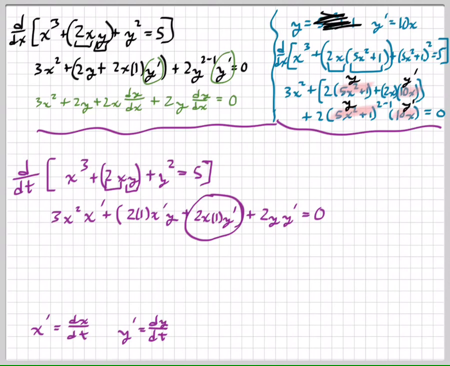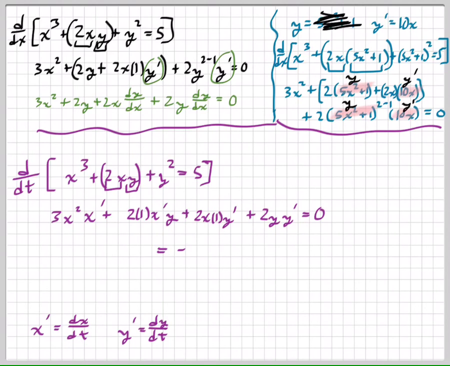This one has a y prime, and this one has a y prime. This one does not, and neither does that one. Let's get rid of these parentheses since they don't really do anything. There's no negative to distribute. I'm going to take these two terms and put them on the other side, which means they're going to turn into negatives.